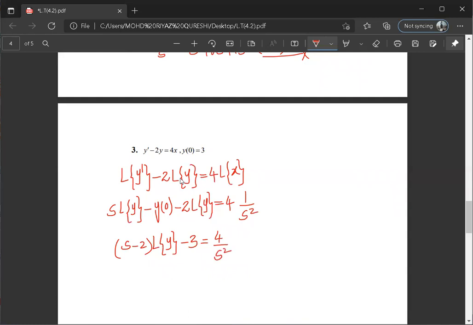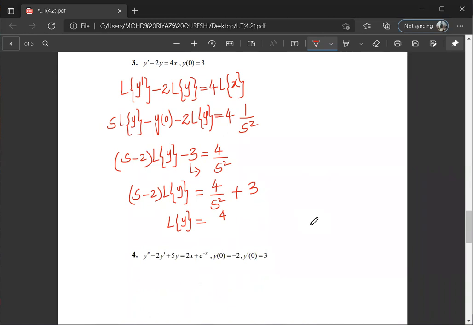Now minus 3 if you bring that side, then s minus 2 into L of y is equal to 4 over s square, minus 3 brought that side becomes plus 3. Finally, I need L of y value. So it becomes 4 over s square into s minus 2, right?